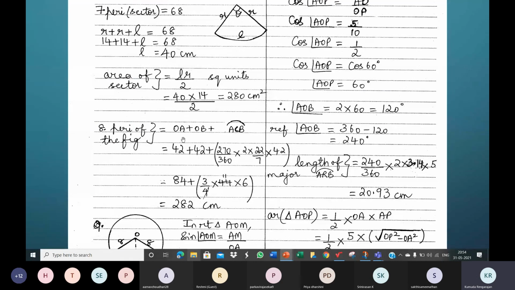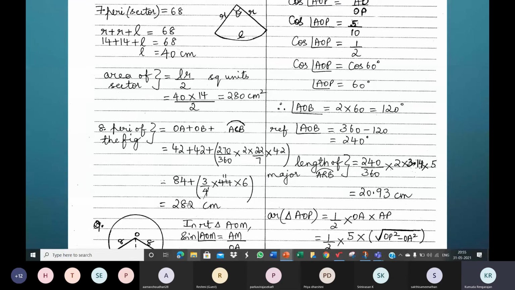The perimeter of the figure is OA plus OB plus the length of arc ACB. You can see it here. 270 is the major sector angle. It's simple, but why?